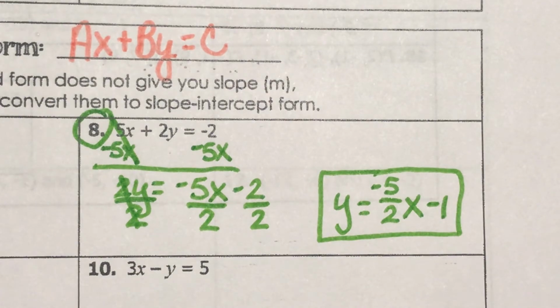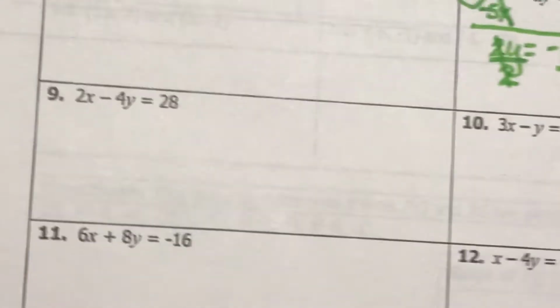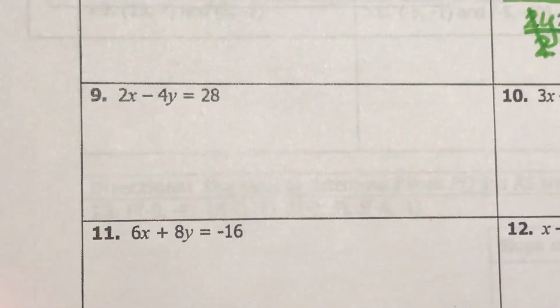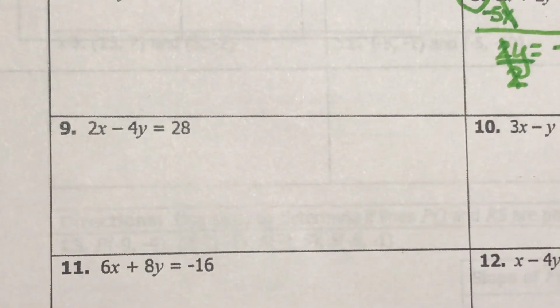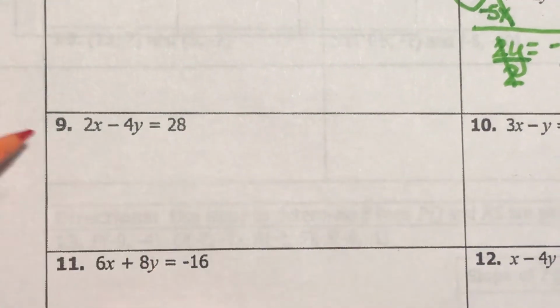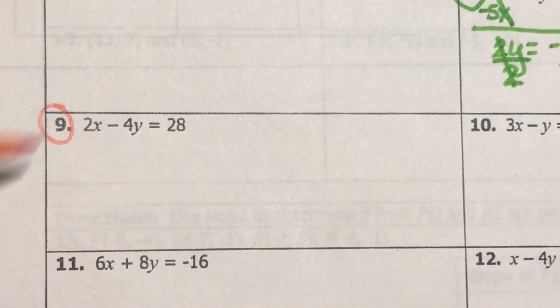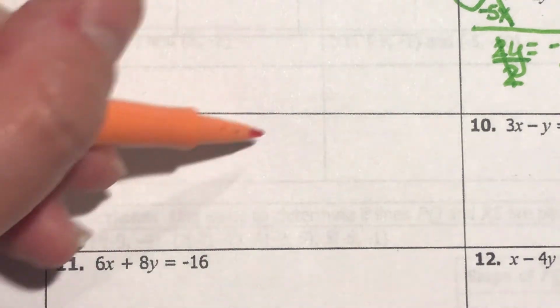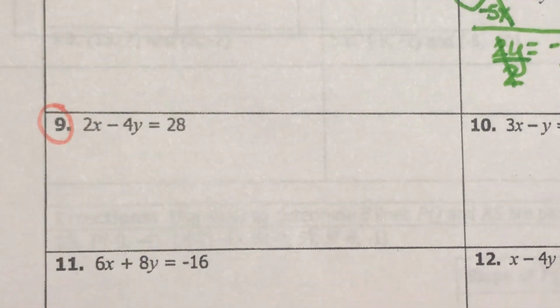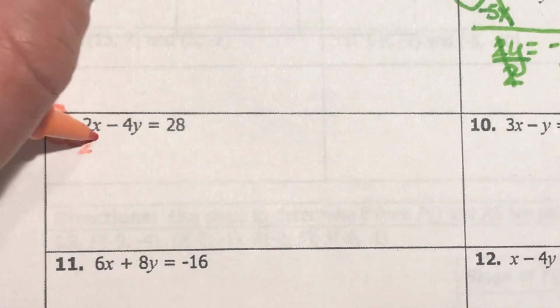Let's take a look at number 9. I'd rather give you too much than not enough. For number 9 here, same thing. We need to get y by itself, and you're going to see the same process here. Bring the x over, then divide. So we're going to subtract 2x.